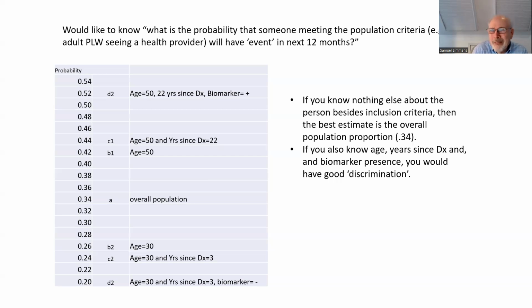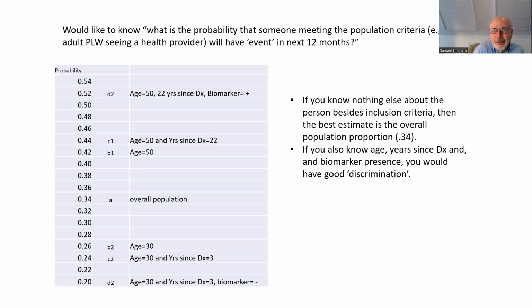And you would kind of expect that in a case like this, because age and years since diagnosis in a general adult population are likely to be moderately highly correlated, right? If you've been diagnosed many years ago, by necessity, you have to be older.